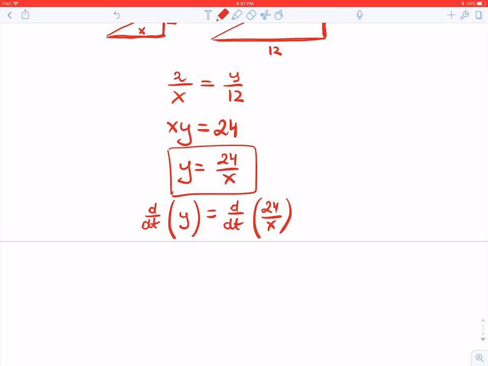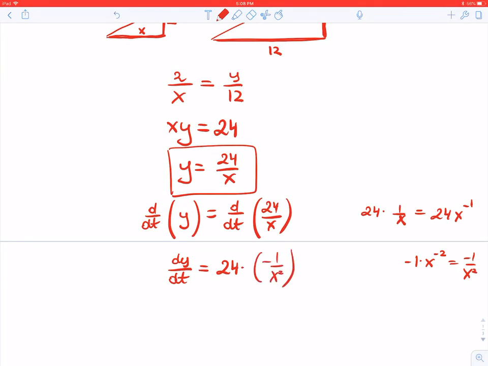Derivative of y is simply dy/dt. Now we have 24 times 1 over x. 24 is a constant, so I can copy the constant. And now the derivative of 1 over x. 1 over x is simply x to the negative 1. The derivative of x to the negative 1 is negative 1 times x to the negative 2, which is negative 1 over x squared, however, times dx/dt. Follow the chain rule.